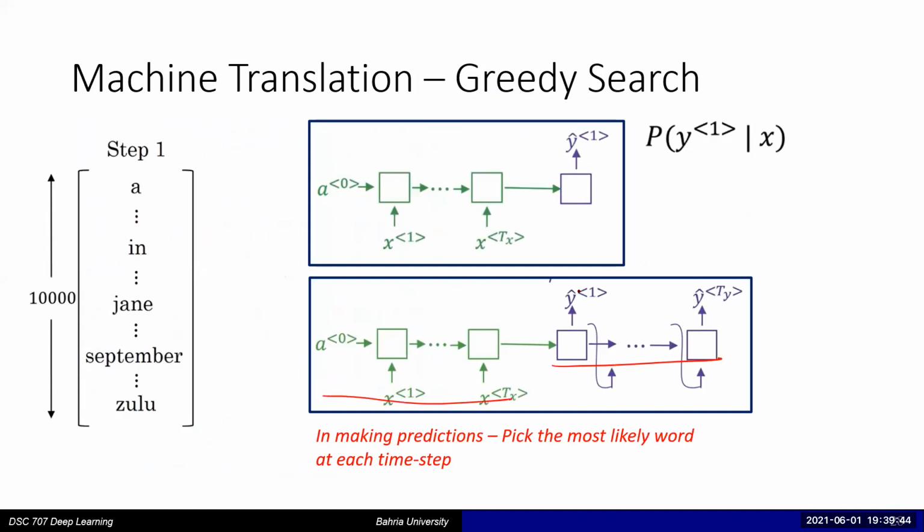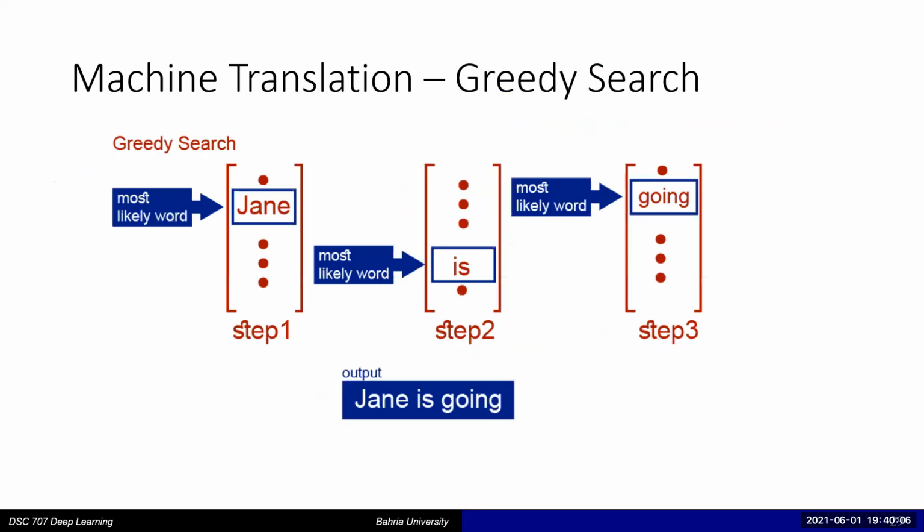When you are doing the translation, suppose you have 10,000 words, so you have 10,000 probabilities. You say, this word has the maximum probability, I'll pick this. Similarly, for the second word, you have a softmax layer with 10,000 different possibilities, and you pick the word which has the maximum probability. It makes sense that when we are making a prediction, we pick the most likely word. For example, at the first time step, the most likely word was this, then at T2, the most likely word was this, and so on.